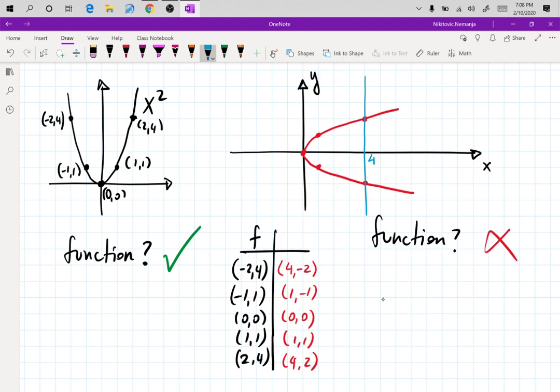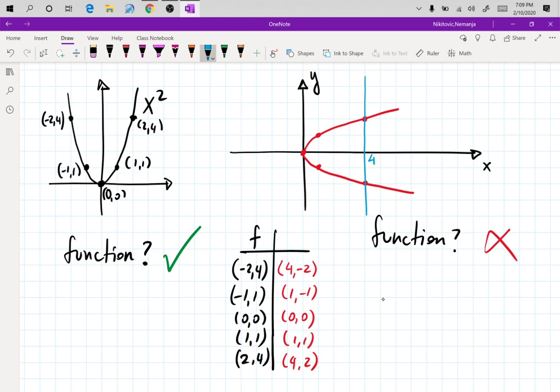So now we learned that we can calculate an inverse function algebraically by swapping x and y and doing the algebra. And we also see geometrically, graphically, that in some cases when you have an inverse function, your output graph, the inverse graph, which is the red one, could or could not be a function depending on what you have.